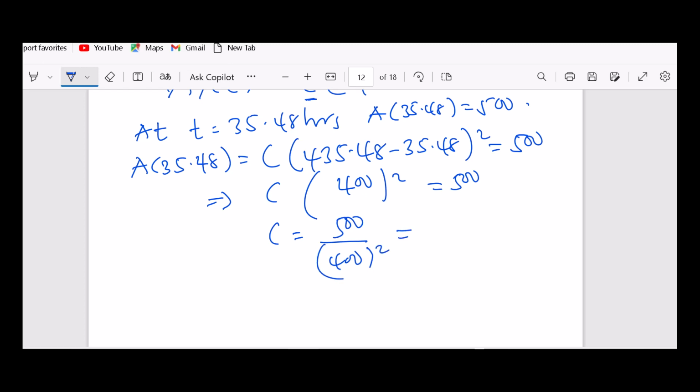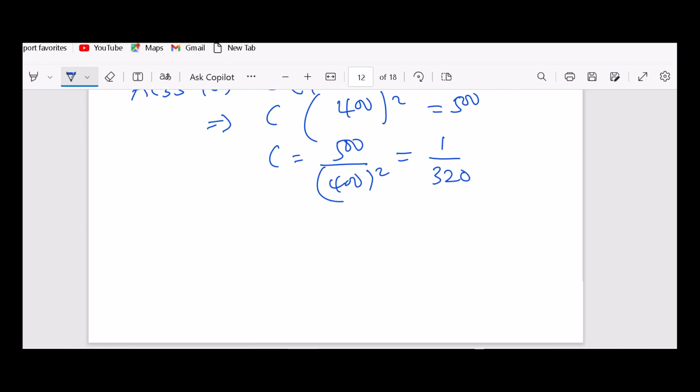And so if we use your calculator, 500 divided by 400 squared, we get 1 over 320.